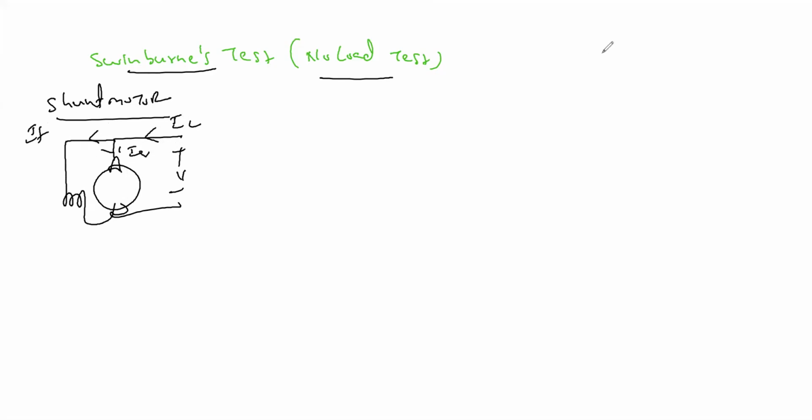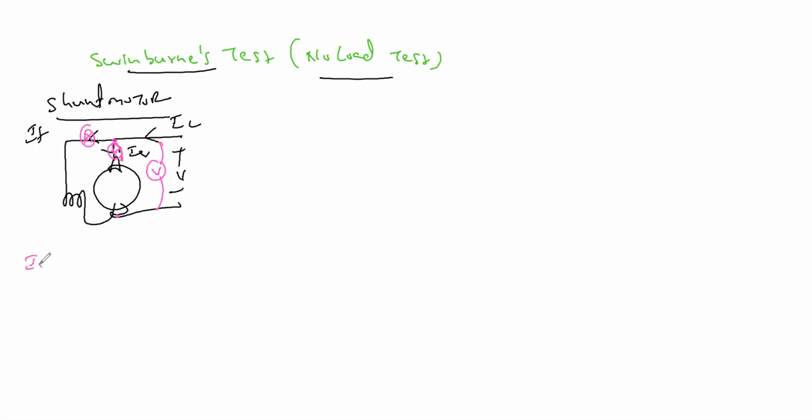What are you doing? You just keep a voltmeter here, connect, and then an ammeter. You can keep one ammeter here, and another ammeter if you want. So what are the readings I am obtaining here? Input to the armature.